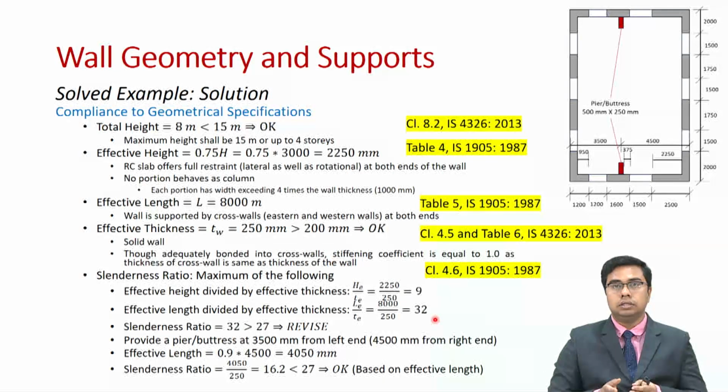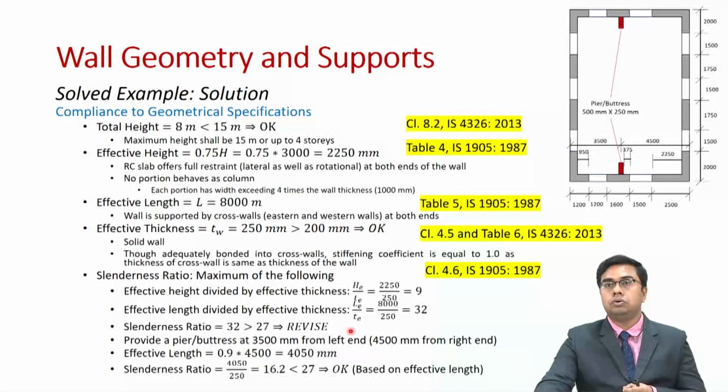Now the slenderness ratio shall be the maximum of the two, which is 32 in this case. Now in this case the slenderness ratio is violating the limit, which is 27. So we need to revise the wall section because it is a slender wall in this case.